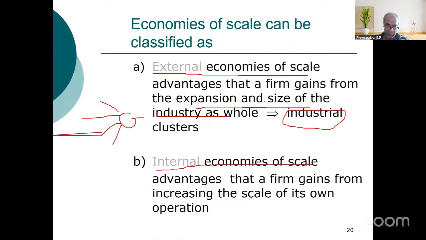Then I came to the point I already explained, with and without slides, which is external economies of scale. There I tried to explain that through industrial clusters, and the clusters are also linked to other sectors, and they get the external economies of scale.